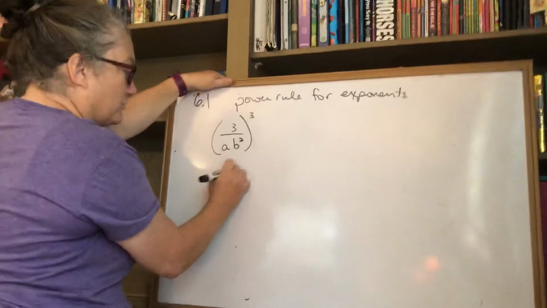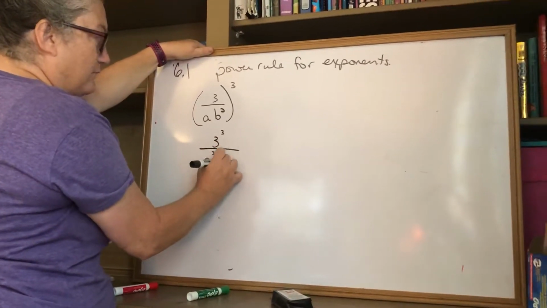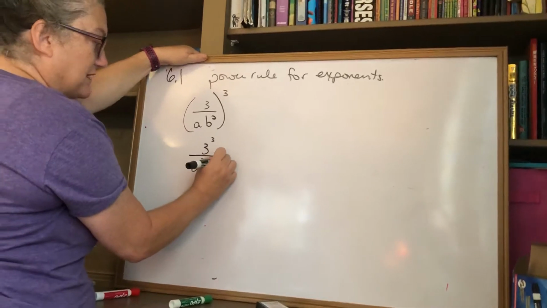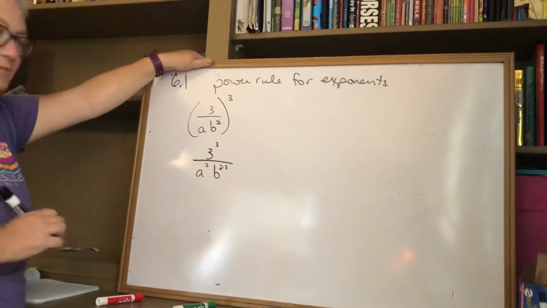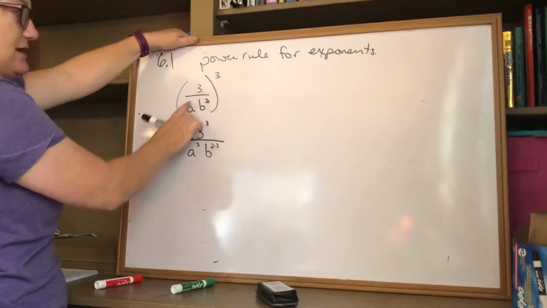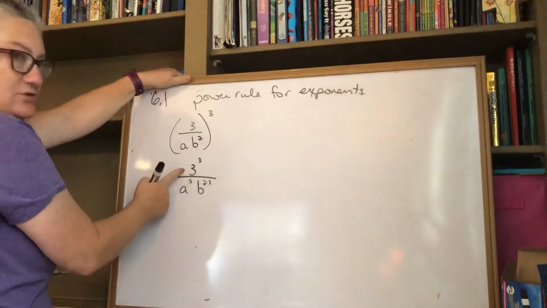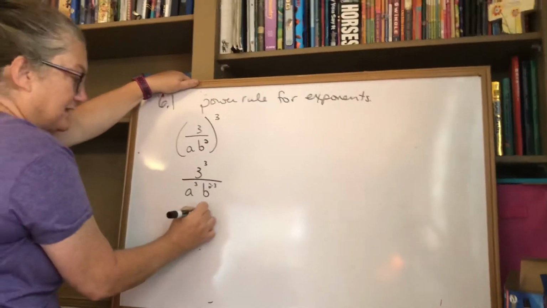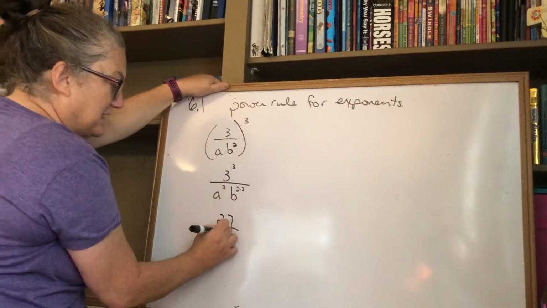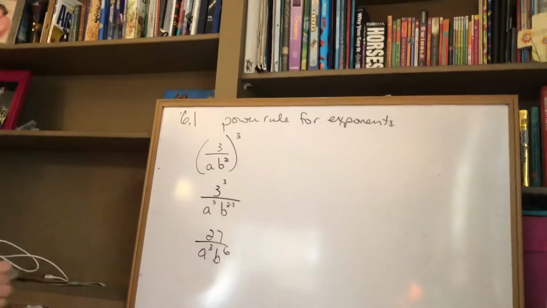So this would be 3 cubed over a cubed, and then b, 2 times 3. So we multiply each. Remember that this is understood to be a power of 1 there. So this is 1 times 3, 1 times 3, 2 times 3. So this would be 3 times 3 is 9, 9 times 3 is 27 over a cubed, b to the 6th. And that's how that's simplified there.